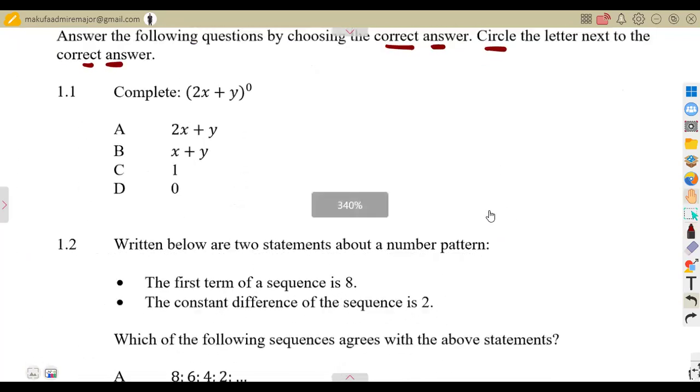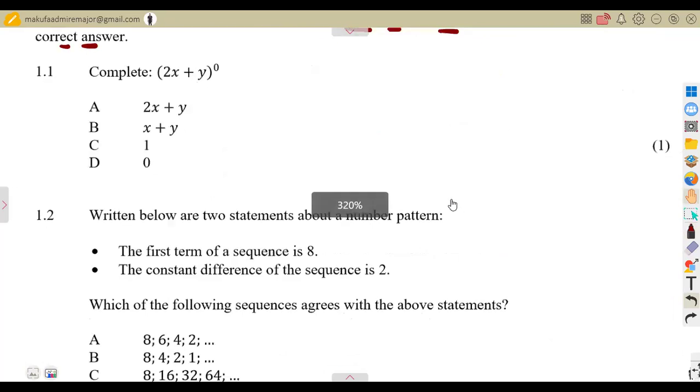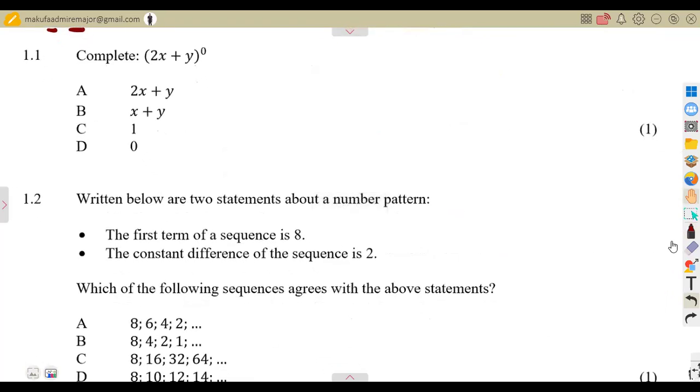Okay, let us consider the first part. This is (2x + y) to the exponent of 0. Any number, as long as it is raised to the exponent of 0, is 1.